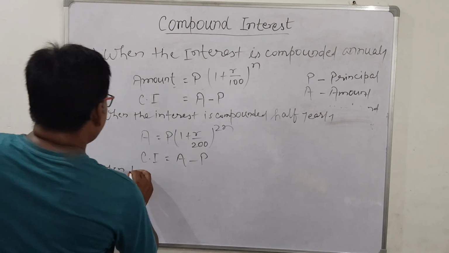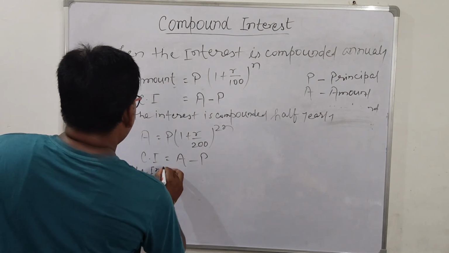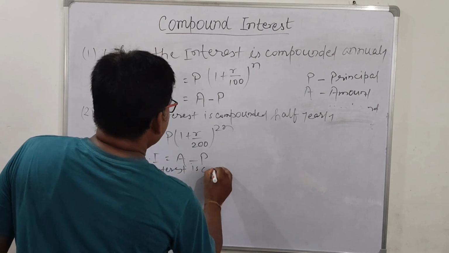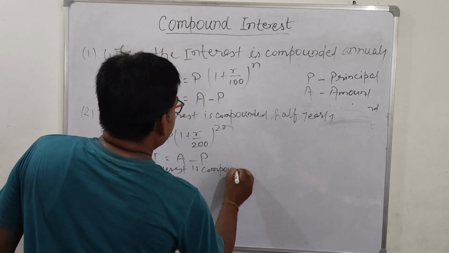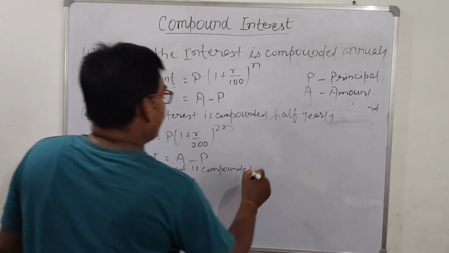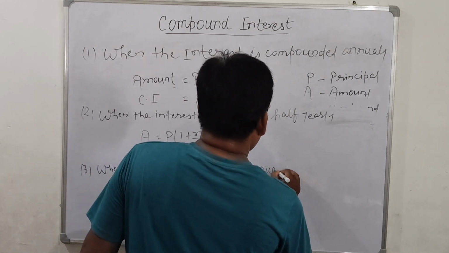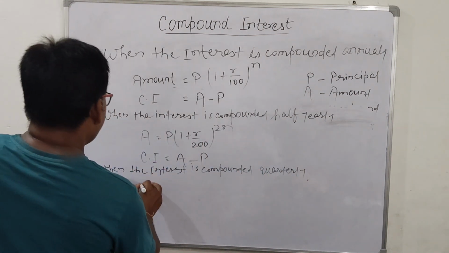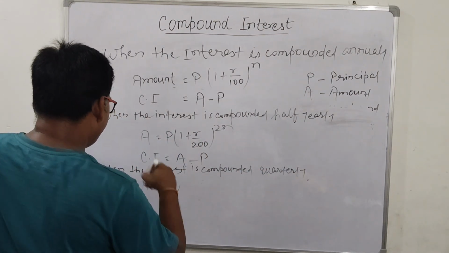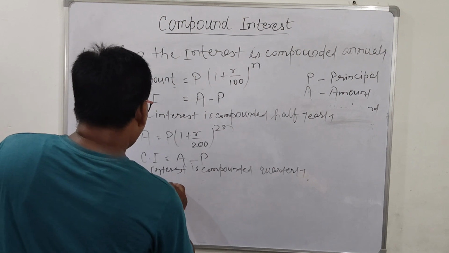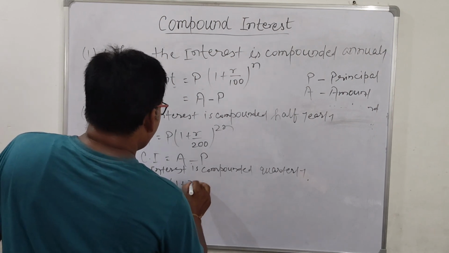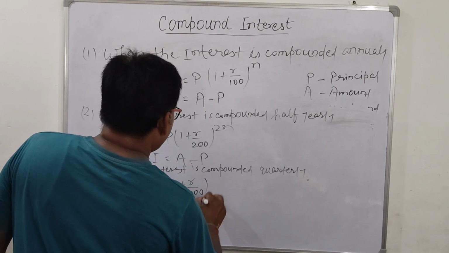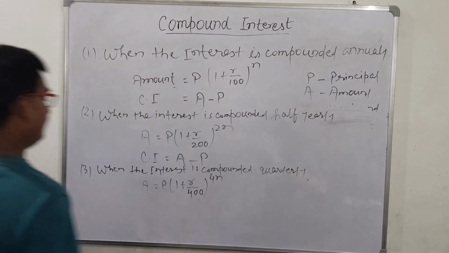Now, when the interest is compounded quarterly, then amount is equal to P into 1 plus R by 400 to the power 4n.